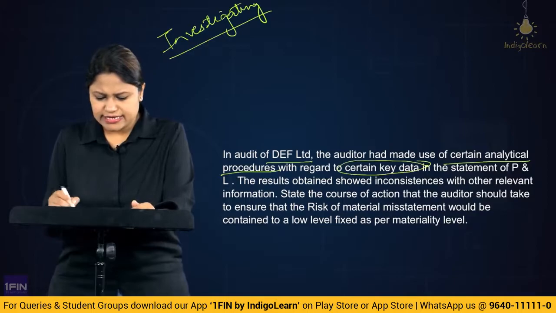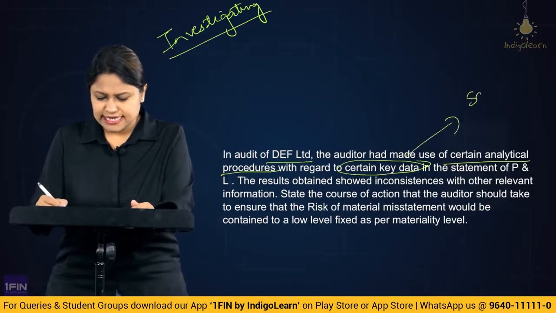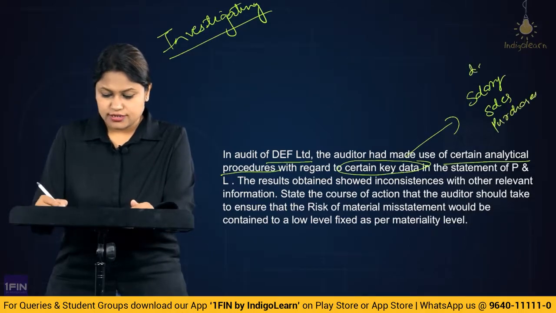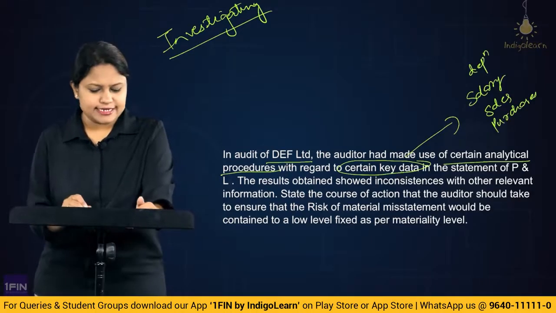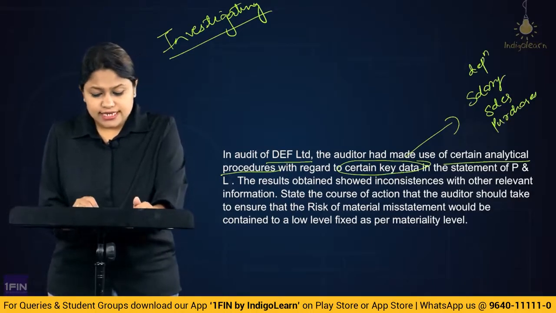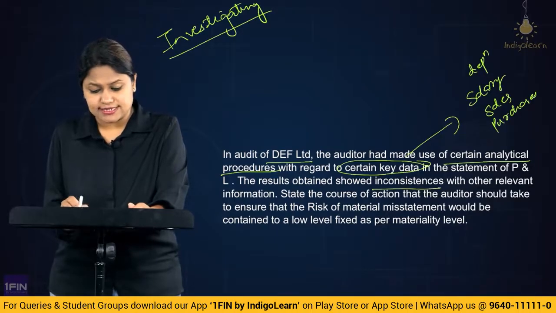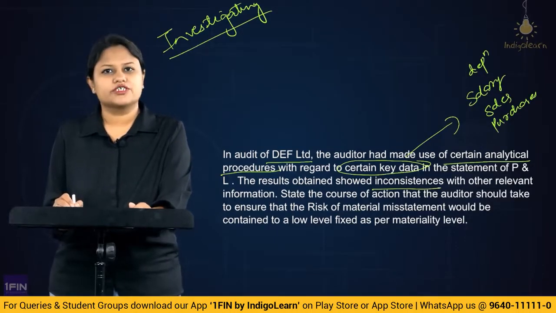Key data could be anything. You could have taken salary, sales, purchases, maybe depreciation. Any key element of the P&L account you could take for applying analytical procedure. The result obtained showed inconsistency with the other relevant information.